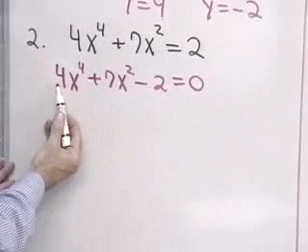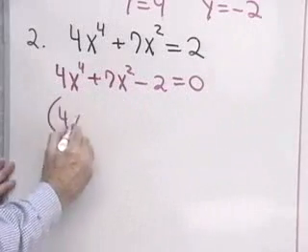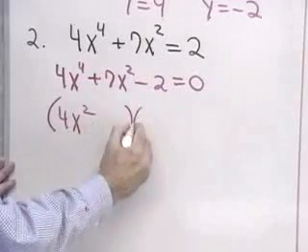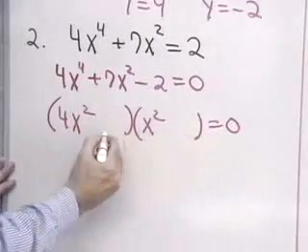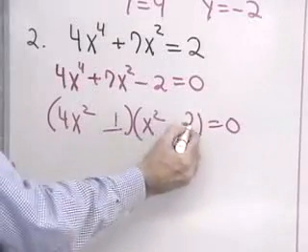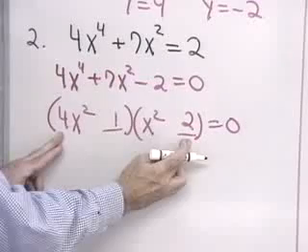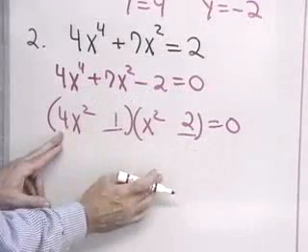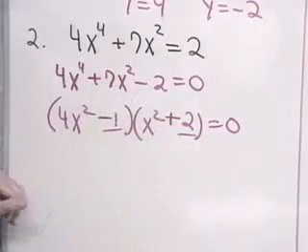But it's just as easy to leave it in terms of x in this case. So I'll factor this into 4x squared times x squared. And let's see, for my last terms right here, I think I'll put in 1 and 2. Inside is 1x squared. Outside is 8x squared. They differ by 7x squared.